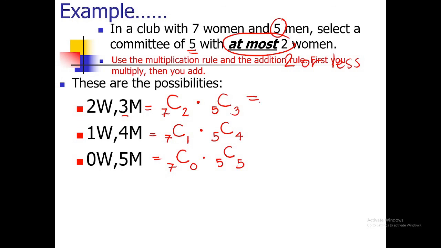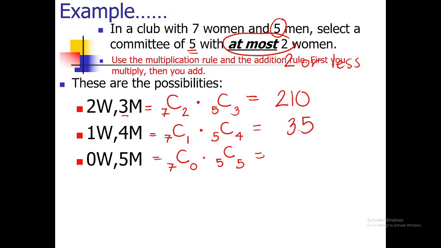Solve this one first. The combination of 7 taken 2 at a time, multiply that to 5 combination 3. How much is the answer? 210, sir. 210. That's correct. What about the second one? 7 combination 1 times 5 combination 4. 35, sir. 35.